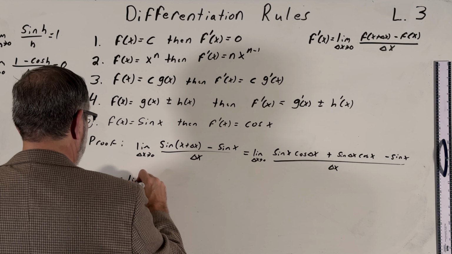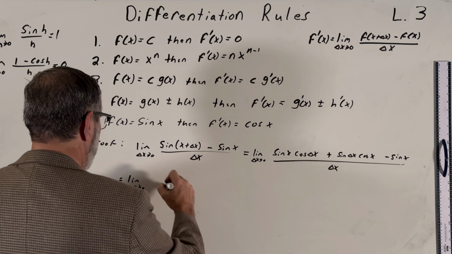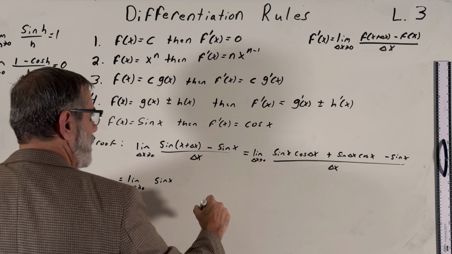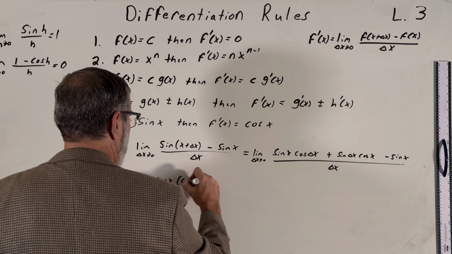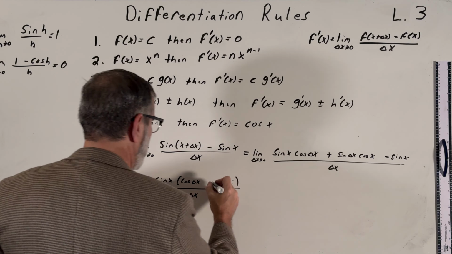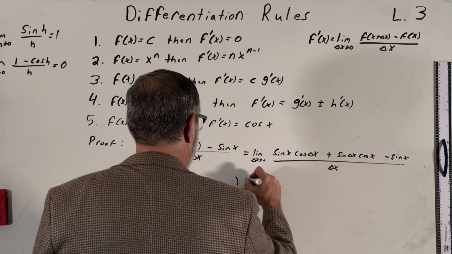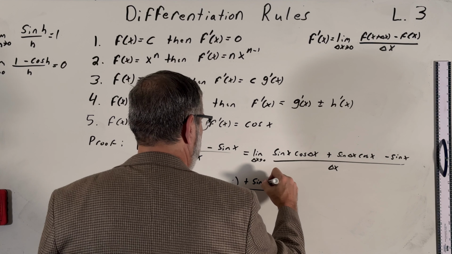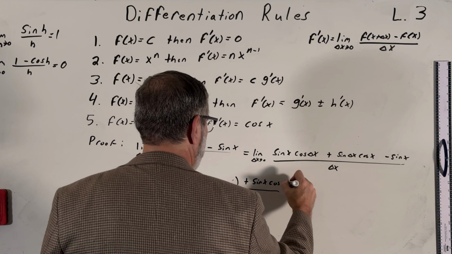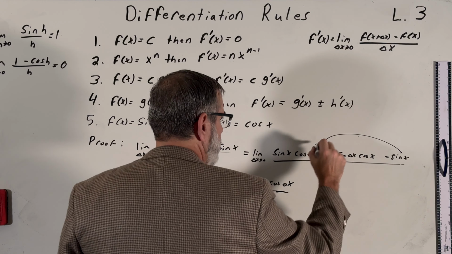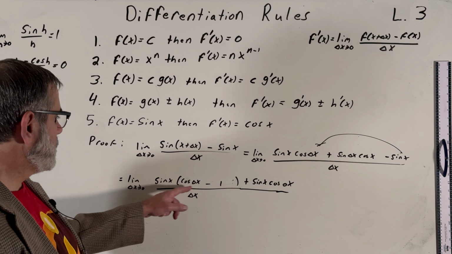So I have the limit as delta x approaches 0, and I can factor out a sine of x, times cosine of delta x minus 1, right? And then I'll still have down here plus sine delta x times cosine x. Okay? So I simply moved this term close by and factored out the sine x. So I got this, yes?